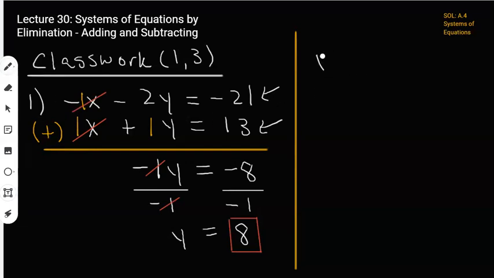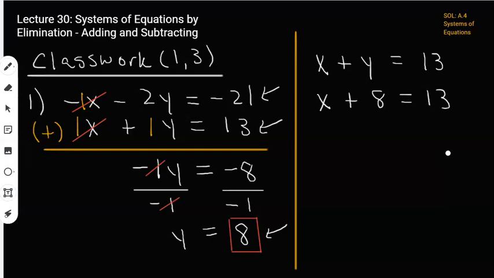The bottom equation is x plus y equals 13. So I write out my original bottom equation, and I'm going to substitute in for y. I know that y is 8, so everywhere I see a y, I can replace it with an 8. So I get x plus 8 equals 13.